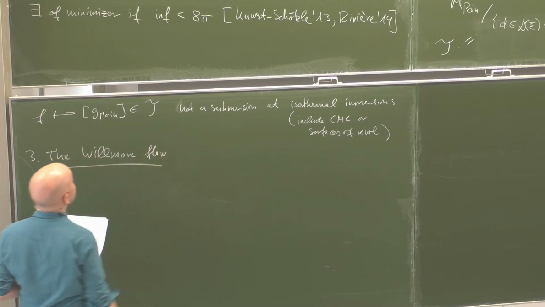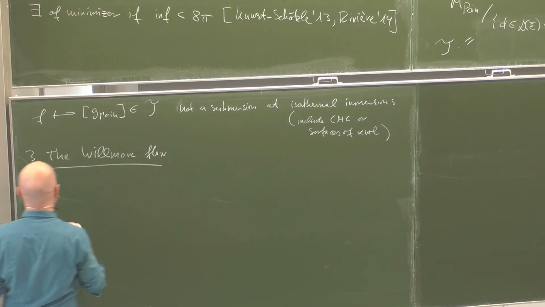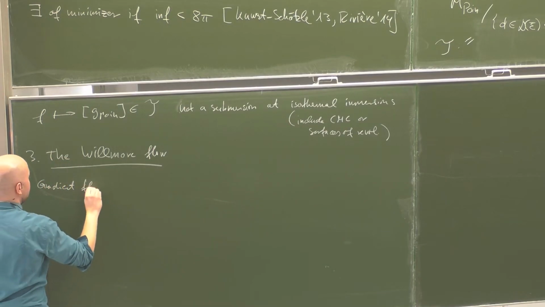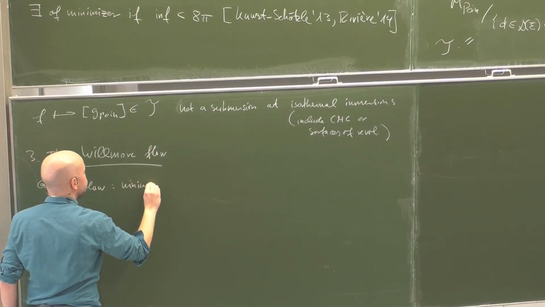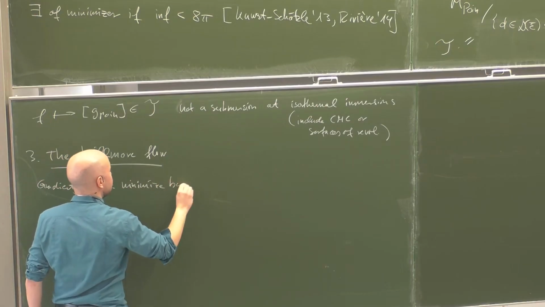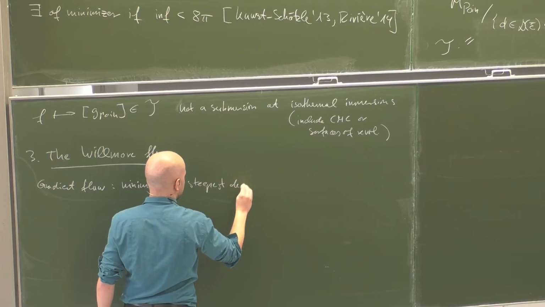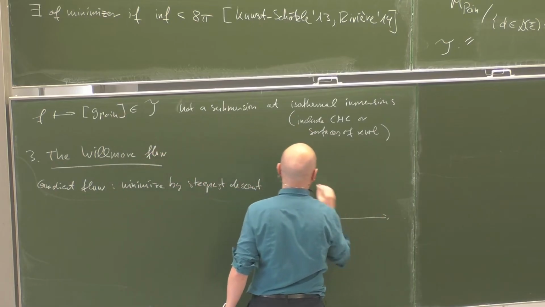Let's talk about the Willmore flow in the absence of a constraint. The general idea of a gradient flow is to minimize by steepest descent. You can think of the following picture.